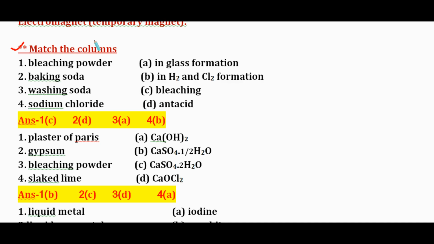Now the questions are match the columns. Let us see. Bleaching powder is used for bleaching. Baking powder. The correct option is it is used for antacid. Washing soda. It is used in glass formation. Sodium chloride. It is used in HCl formation.